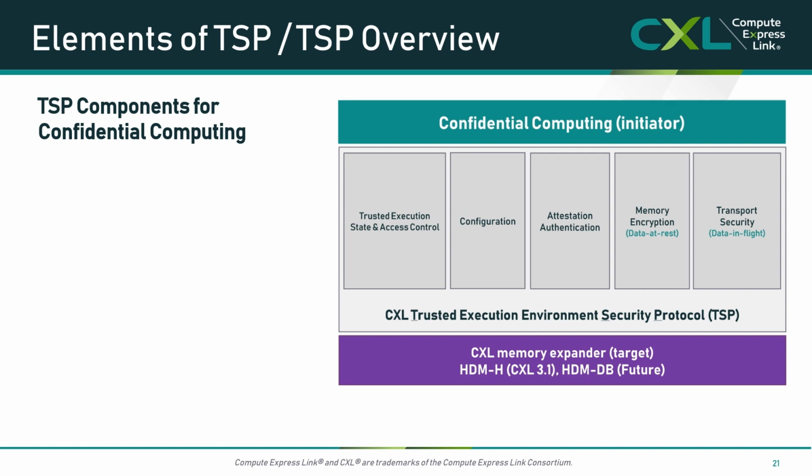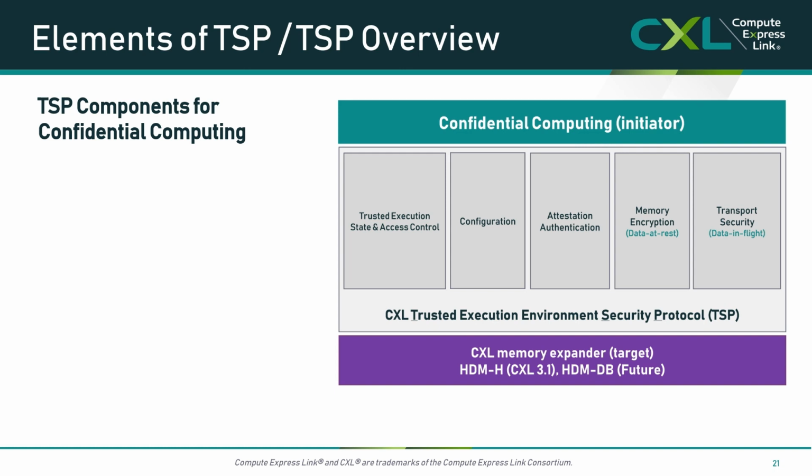So talking about specific elements of TSP, we have trusted execution state and access control configuration of the different elements, attestation and authentication, as well as locking. We have memory at rest encryption. This is the memory that's stored in the device.